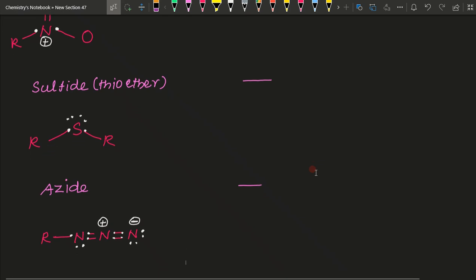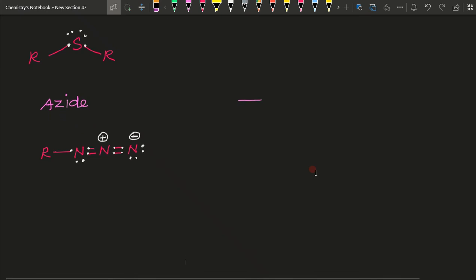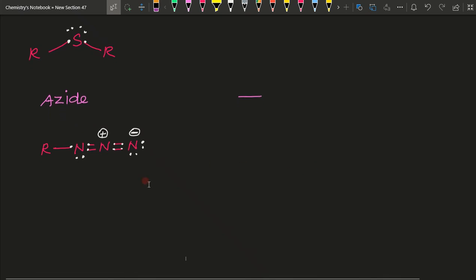Next, azide. See here, we know that nitrogen makes a triple bond. Here only one R is present, but nitrogen valence is 5: 1 bond, 2 bond, 3 bond.